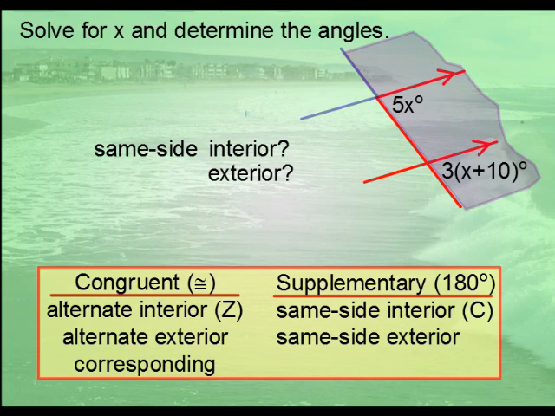This is of interest to us because same-side interior angles and same-side exterior angles form a 180-degree angle. Well, there's your interior, and you see that only one angle is in the interior, not both. That's your exterior, and again, there's only one angle in the exterior, not both. Therefore, it's neither of these.